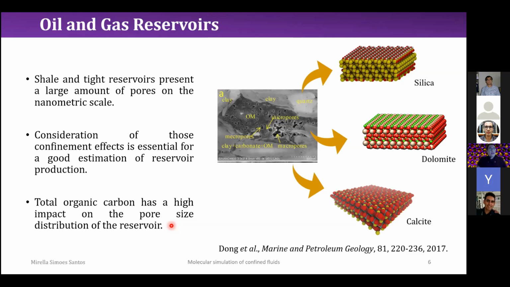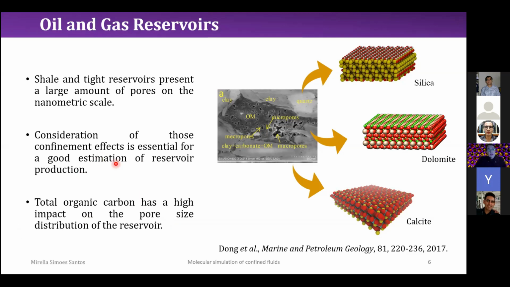Those are the pores where we would expect to see confinement effects. As we just saw, the properties of fluids within these very small pores are going to be very different from what is observed in larger pores.